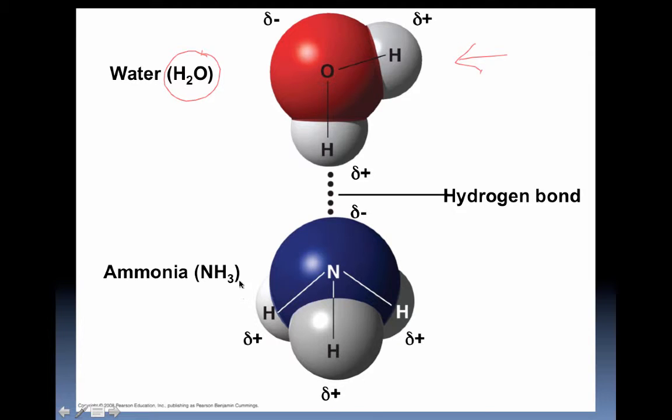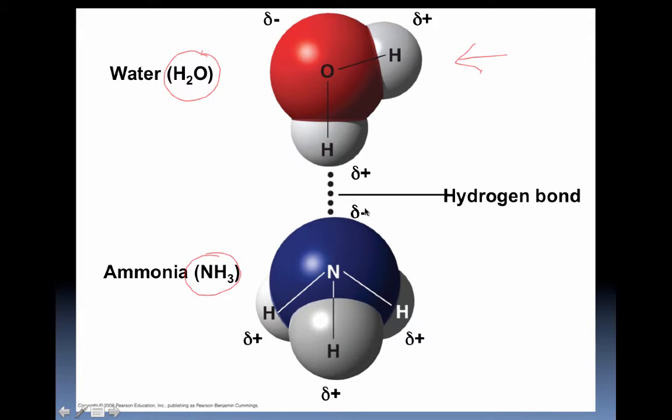Down below, we have a different molecule, ammonia, which consists of one nitrogen atom and 3 covalent bonds to 3 hydrogen atoms. Nitrogen is very electronegative, and it will hoard these shared electrons so that more of them are on this end of our molecule than at this end.